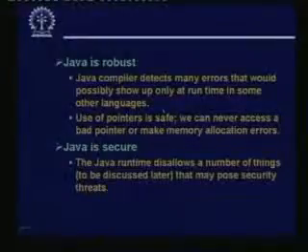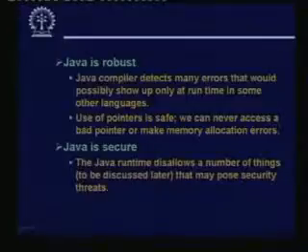This is one advantage. And the use of pointers is absolutely safe, unlike in C, where you can always be trying to use invalid pointers if there is some error in a program. In Java, it is simply not possible to access a bad pointer or make memory allocation errors, because memory allocation is automatic.